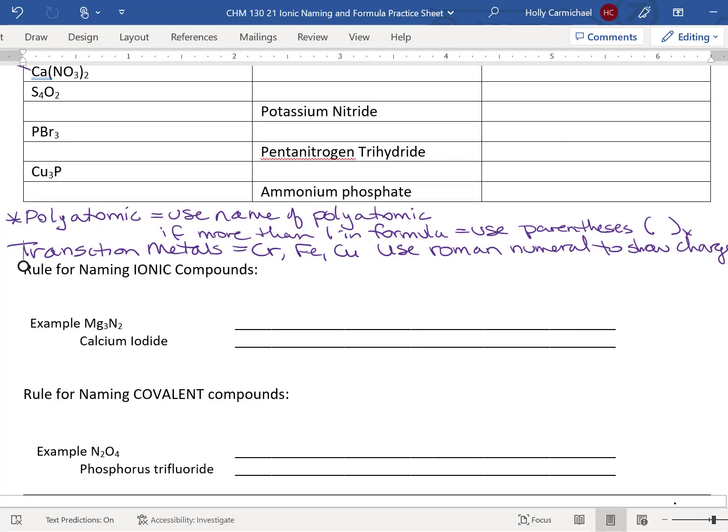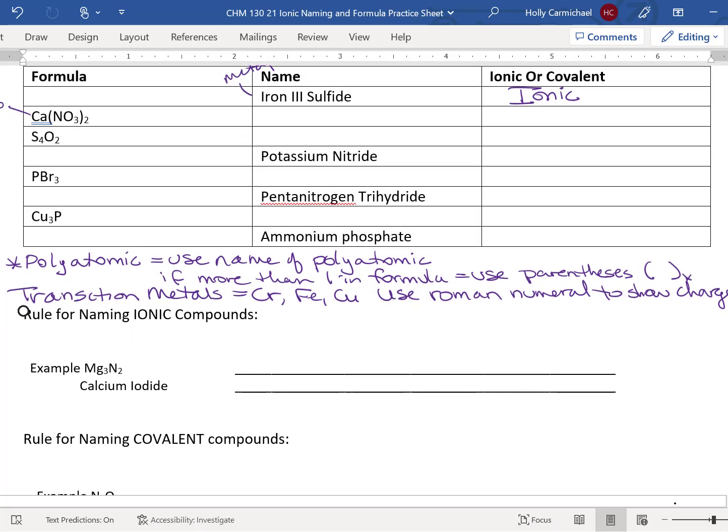It is a metal, so I know that this is ionic. If I look at S4O2, what is S? It's a nonmetal, so I know this is covalent. Potassium nitride. Potassium is a metal, so that means this is ionic.